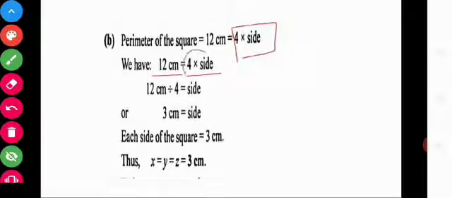This 4, when it moves across the equal sign, what will happen? That sign will be changed to the opposite sign. This multiply is changed into division. So 4 into is changed into division by 4. So 12 centimeter divided by 4 is equal to side.